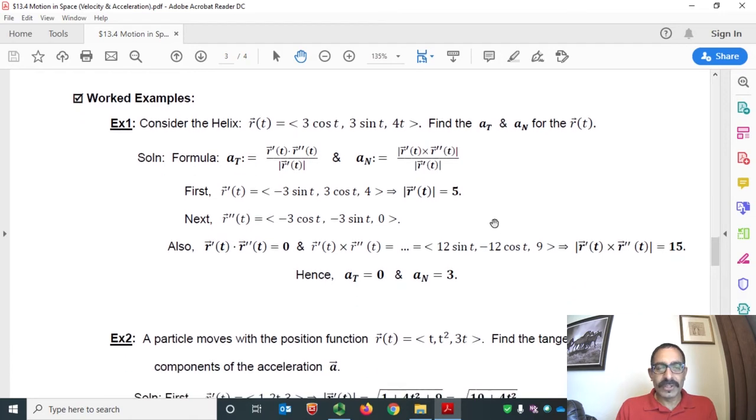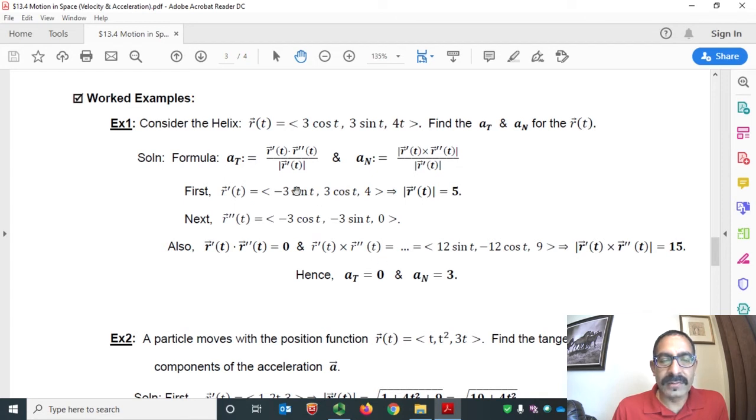So these are just routine computations. Here, r prime t, find its magnitude, turns out to be 5. Find r double prime t and take the dot product of r prime and r double prime. That means we are multiplying the corresponding components and adding them.